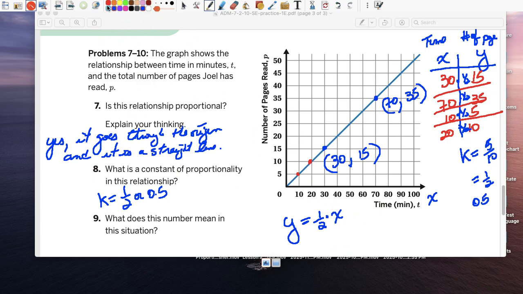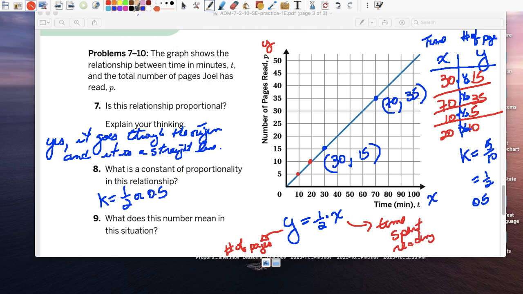I'm just going to go back here, and I'm going to tell you what each of these three pieces represent. The y represents the number of pages, because that's what's on the y-axis. The x represents the time spent reading in minutes. And then what is the half?